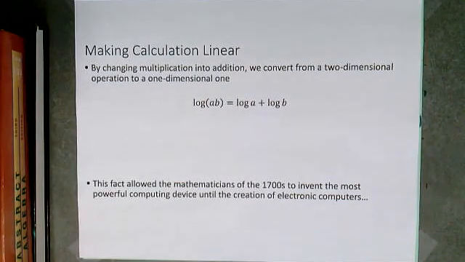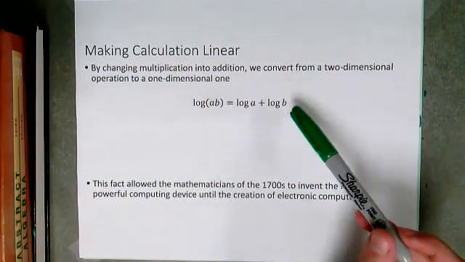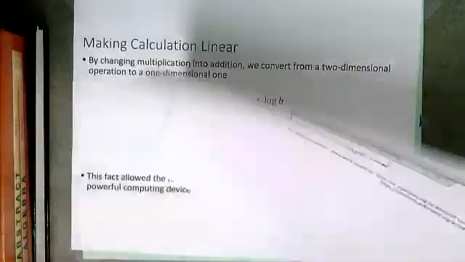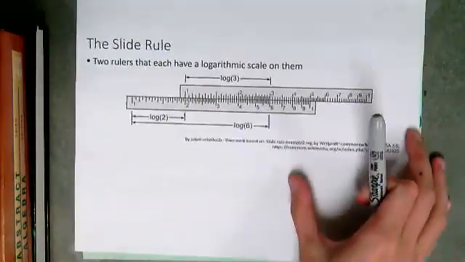So this one rule is very important, and it allowed mathematicians of the 1700s to invent the most powerful computing devices until the creation of electronic computers. And that was, in fact, the slide rule.